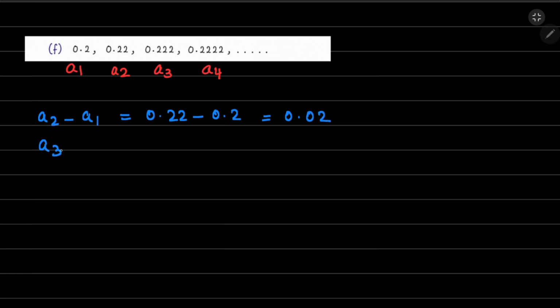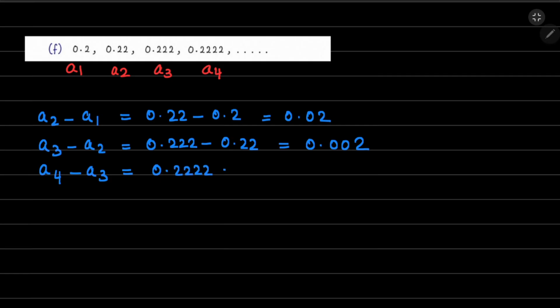Right? What is a3 minus a2? So 0.222 minus 0.22, which will be 0.002. Again, what is a4 minus a3? 0.2222 minus 0.222, which will be 0.0002.